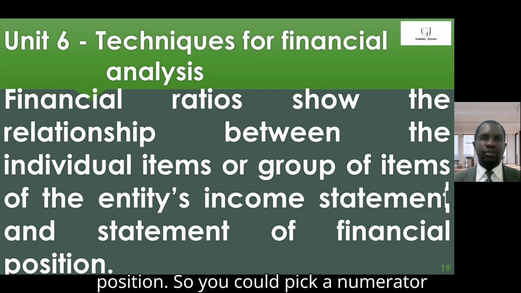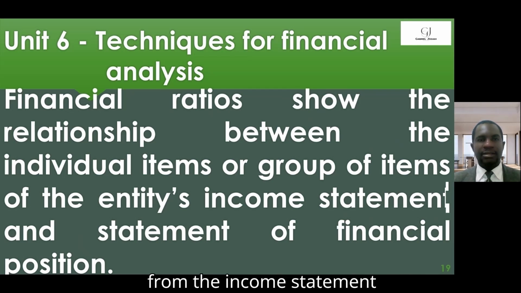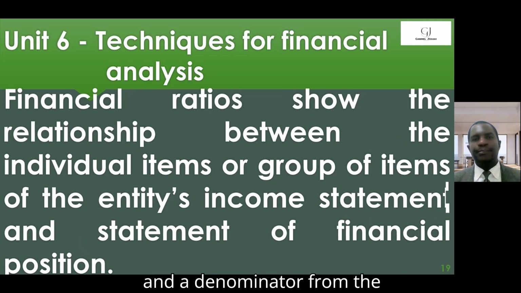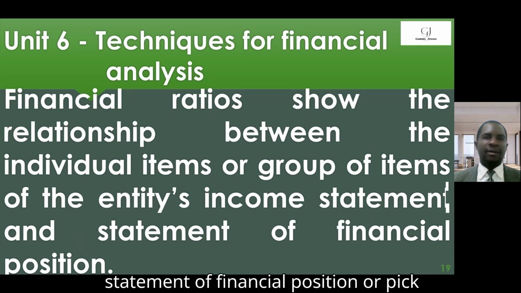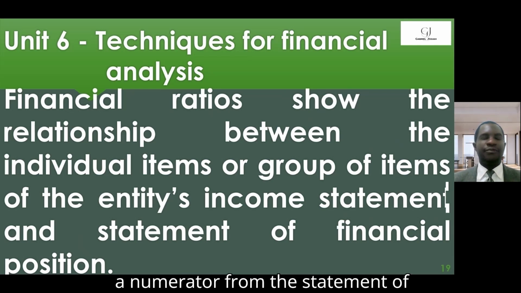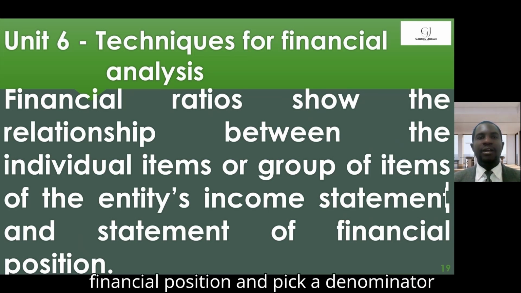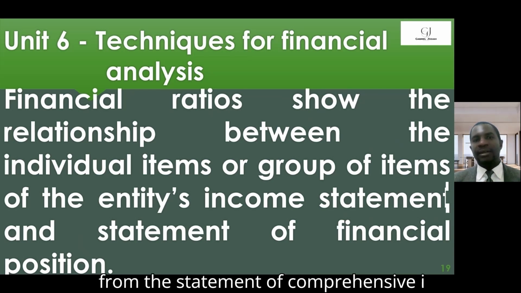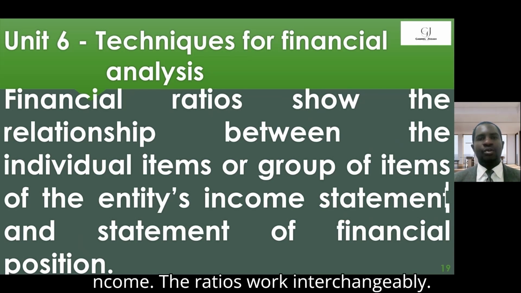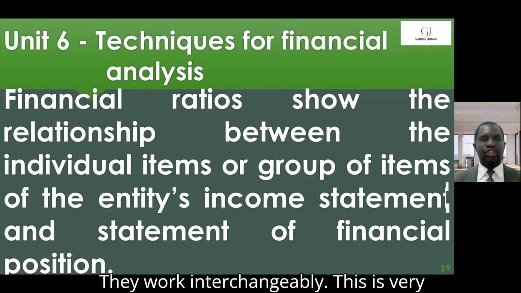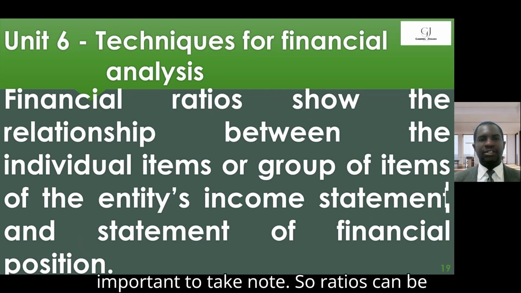So you could pick a numerator from the income statement and a denominator from the statement of financial position, or pick a numerator from the statement of financial position and a denominator from the statement of comprehensive income. So the ratios work interchangeably. This is very important to take note.